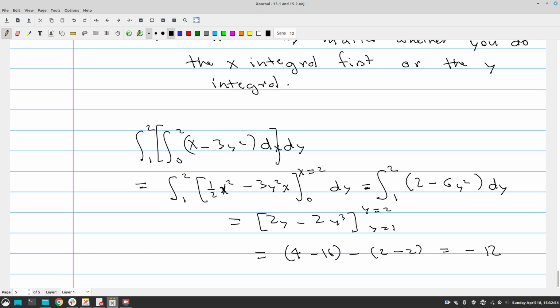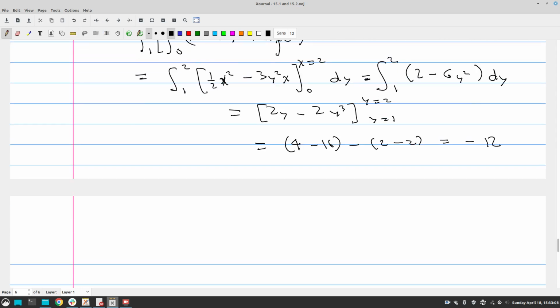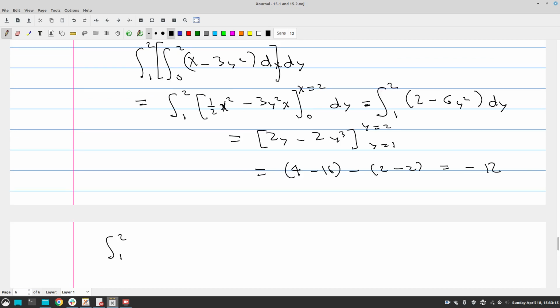Now let's see what happens when I reverse the order of the integrals, meaning if I do dy dx, what do I get? So if I have the integral from 1 to 2 and 0 to 2 of x minus 3y squared dy dx.